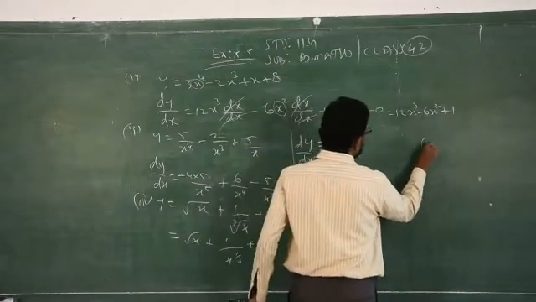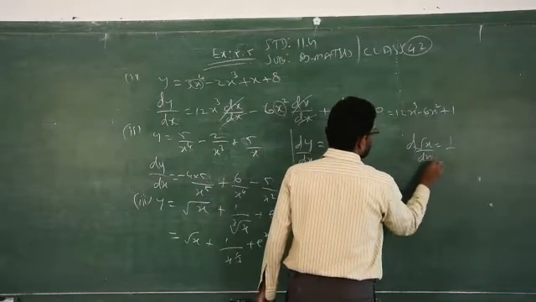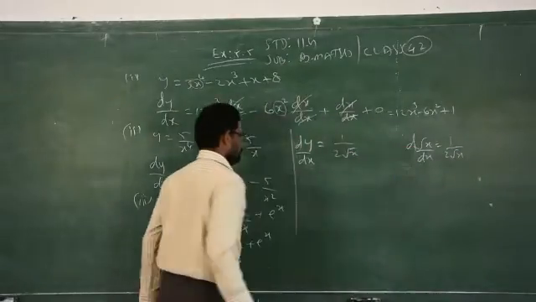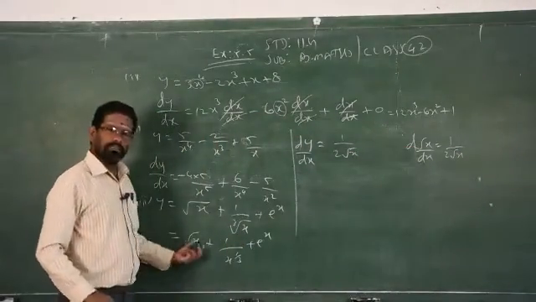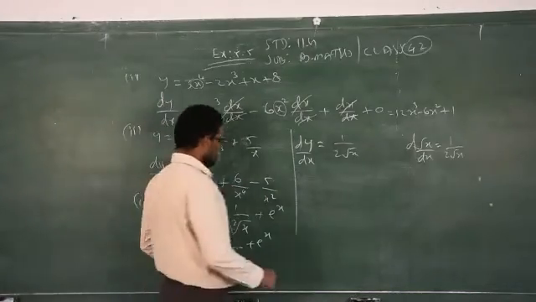The formula is very simple, just you have to memorize. Differentiation of root x is 1 by 2 root x. Because we often have square roots, just memorize that the differentiation of square root of x is 1 by 2 root x.